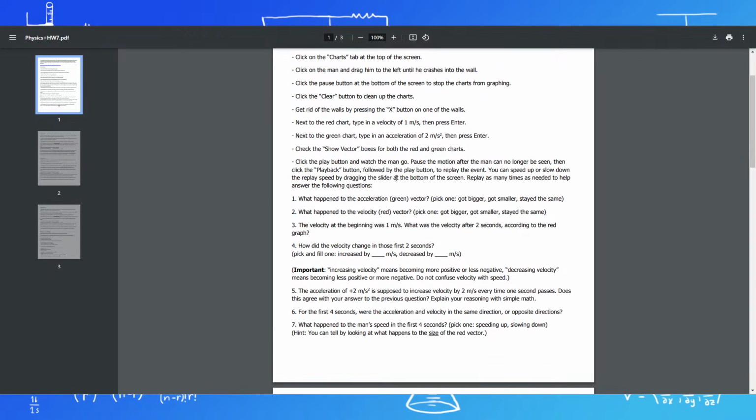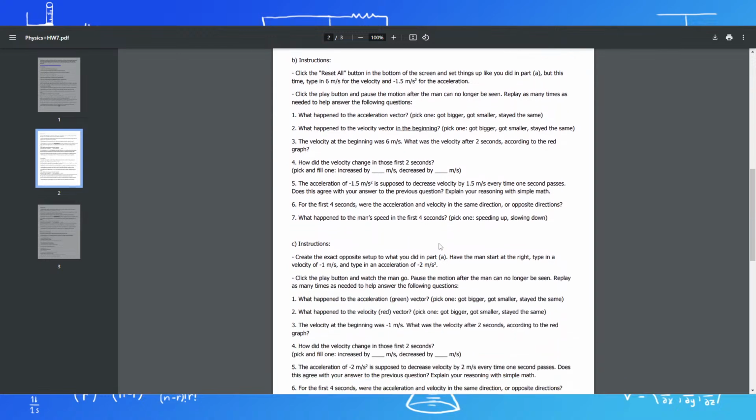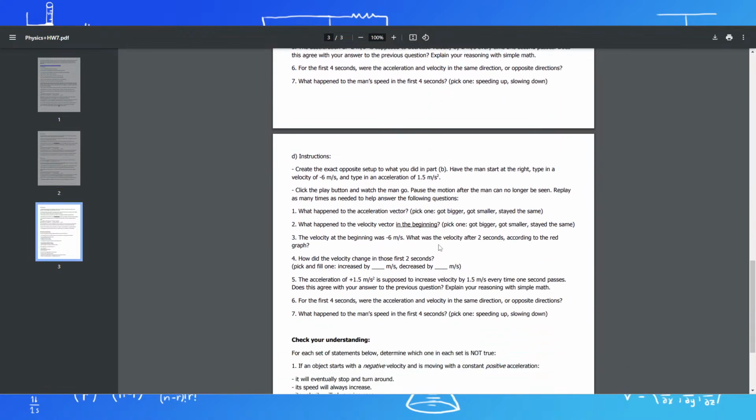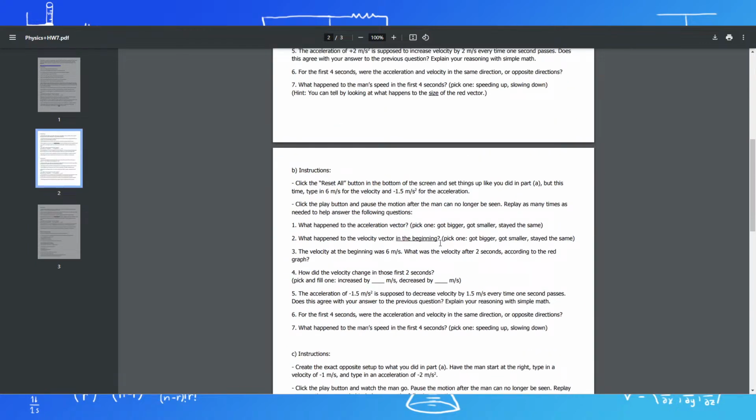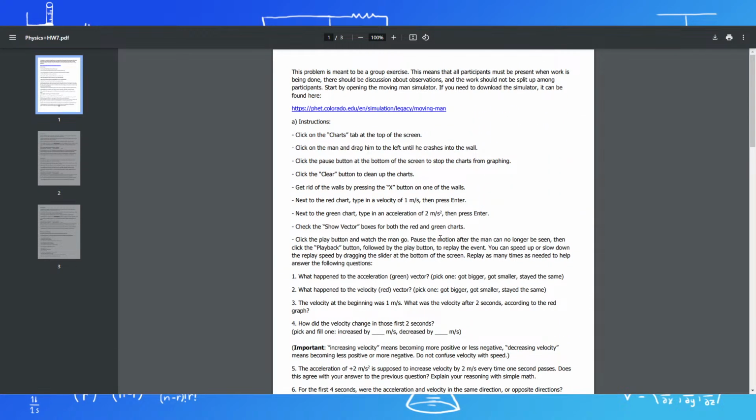But yeah, play around with this simulation and see what you can learn about the concept of acceleration. And we will start things off by going over this next time. Well, I don't know if I want to start off with this. We'll see. I'll talk about concepts and definitions, and maybe then we'll jump into this.